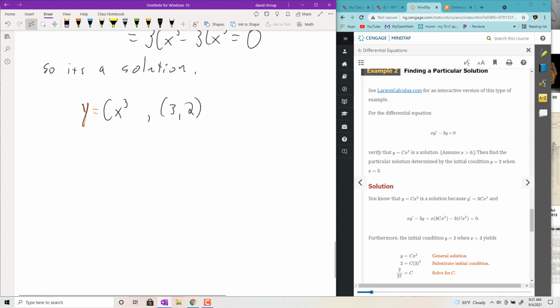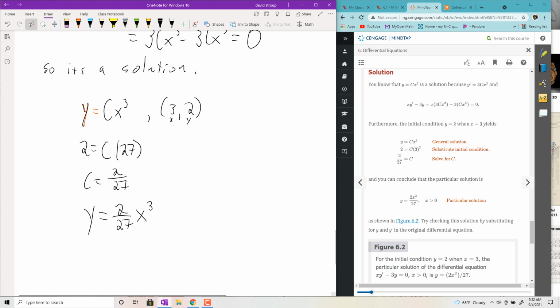All you got to do is sub in these numbers for x and y, and then solve for c. So you get 2 equals c times 3 cubed. 3 times 3 is 9 times 3 is 27. So c equals 2 over 27, and then you just sub it back into the general solution. So the particular solution, y equals 2 over 27 x cubed. Okay, and that's for x greater than 0.